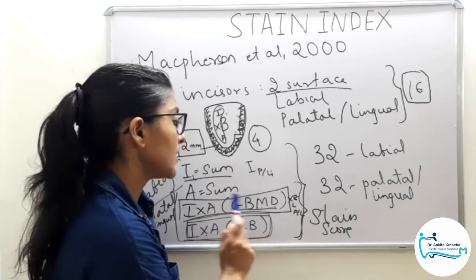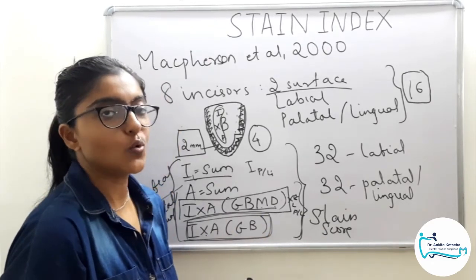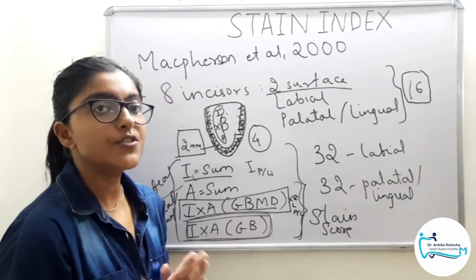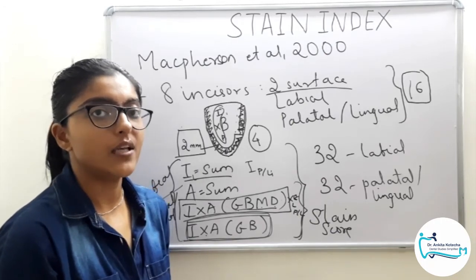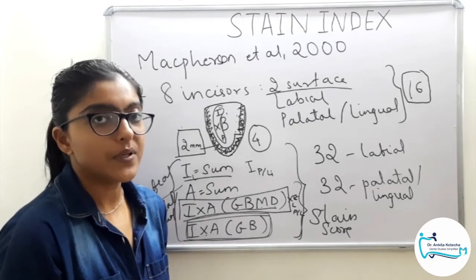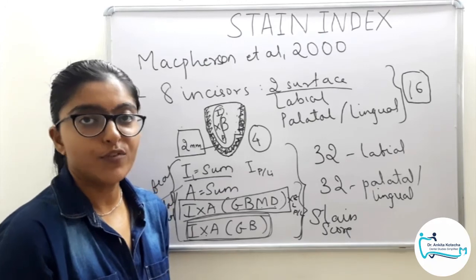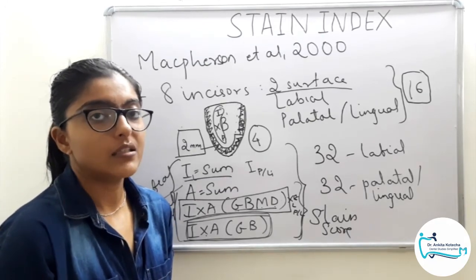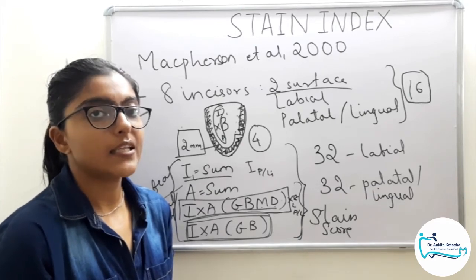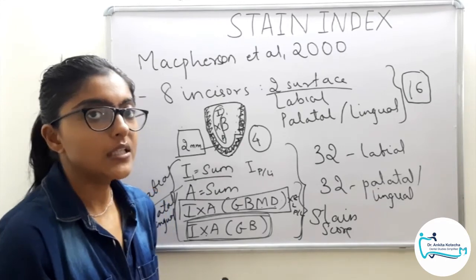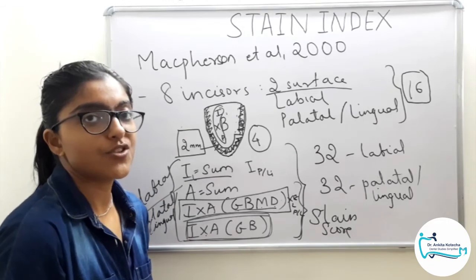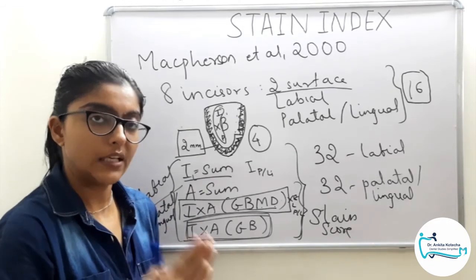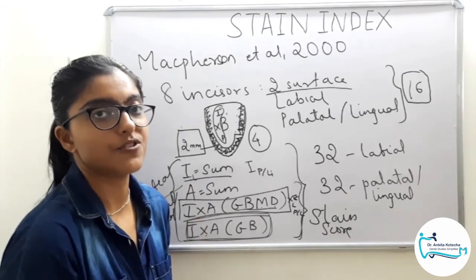And this product score, that is called stain score, will give us a value which will be interpreted as higher the value, we assume it to be deep in the color and more area of distribution covered by them, and lower the value, light color stains and less area of distribution covered. Clear? This is the simple interpretation of the stain index, both conventional and its modification.